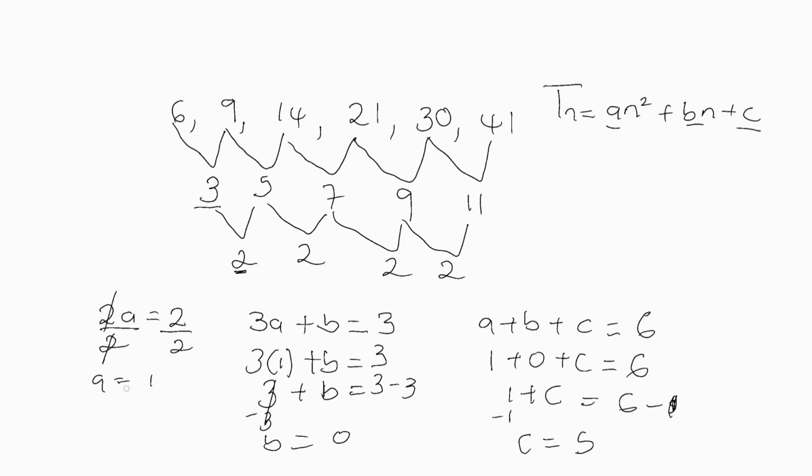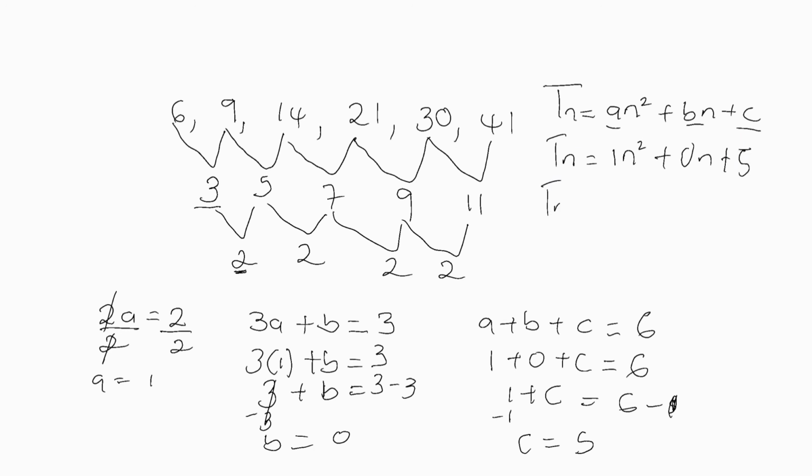Therefore, we will use these values that we found for a, b, and c to substitute in this equation. So Tn is equal to a, which is 1, n squared plus b, which is 0, n plus c, which is 5.